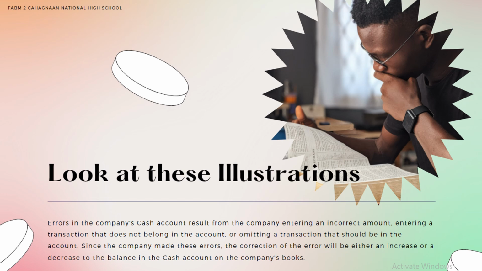Okay. So there are times that merong madi-delete na transactions or may mga transactions na hindi ma-record. So that we call errors in the company's cash account.